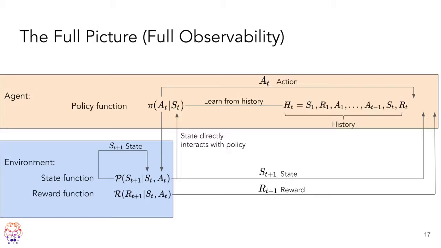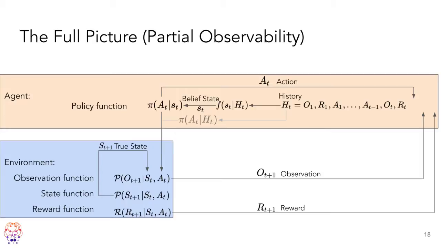Now based on this action and the previous state, we produce the next state using the state function, and then we produce the next reward using the reward function. Once we do that, we can take those states and rewards and add them to our history. And then we can use that history to train our policy. So we know generally what states are good, what states are bad, and that's how the agent learns.